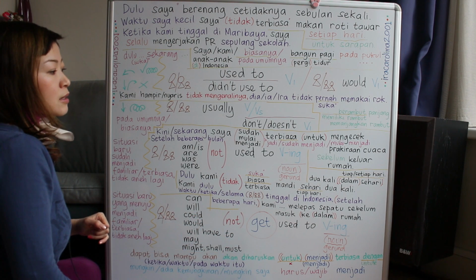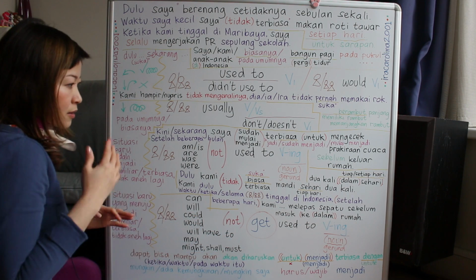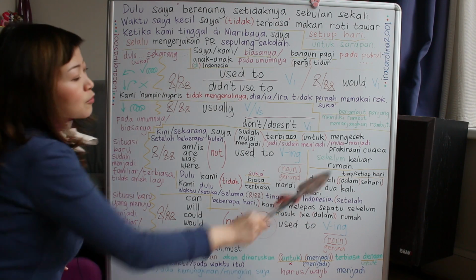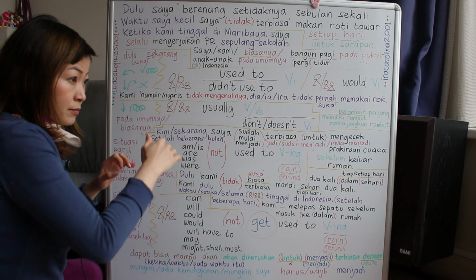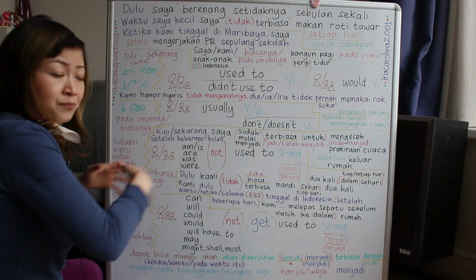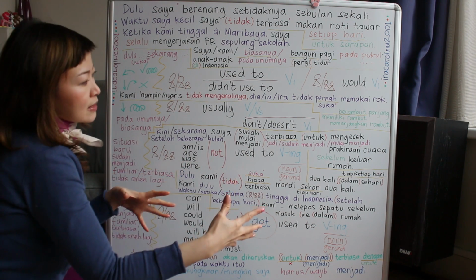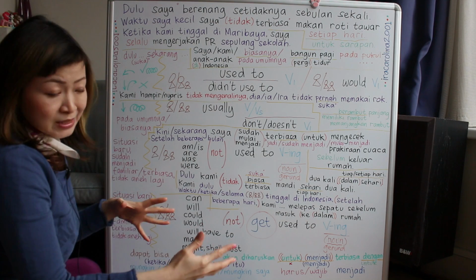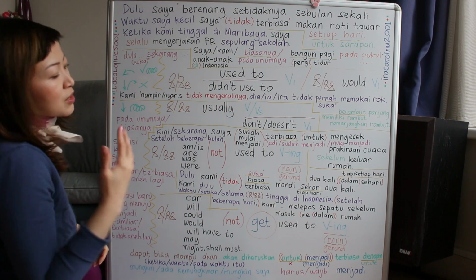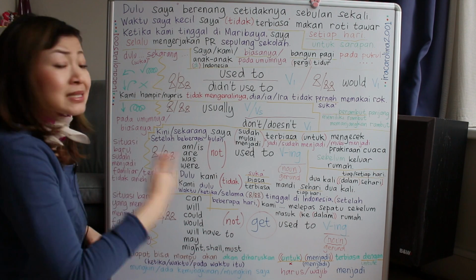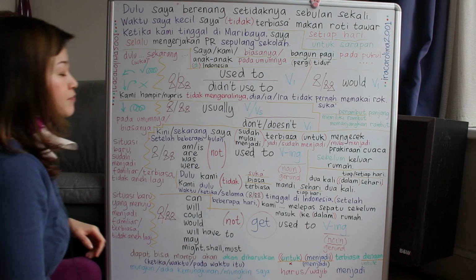Some people will make a mistake and write it ke luar. Ke is to, luar is outside. So, to the outside. In this case, we don't say it with to the outside. We say it exit the house.